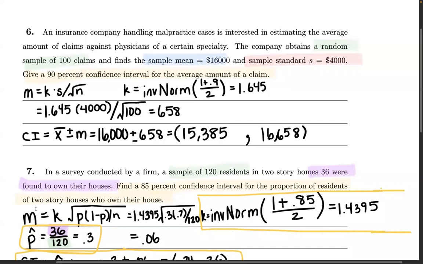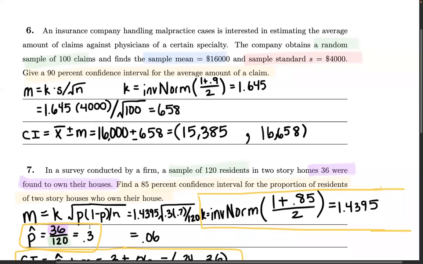If we go back to solving for M, here our P is 0.3 and our 1 minus P is 0.7. Then we divide that by the sample size N, which is 120, take the square root and multiply by K, and we get 0.06. So M equals 0.06.